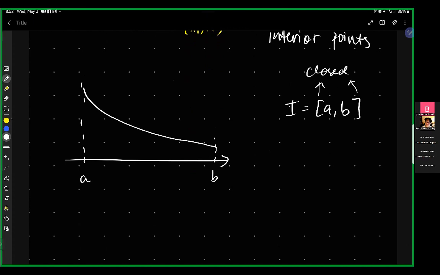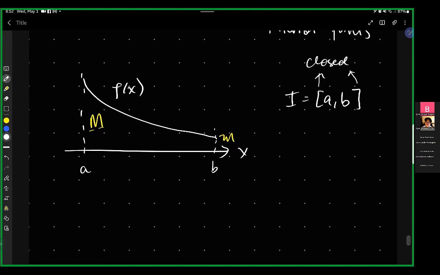Okay, in this case, we have a closed interval. So the maximum, as you can see from this case, when you're given an interval and the function looks like this, then the maximum, capital M, and the minimum, small m, for a function f of x, are found at the endpoints. So mapapansin nyo, mas mataas tong point na to kaysa sa point na to.